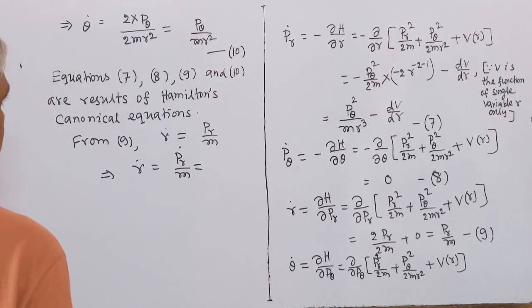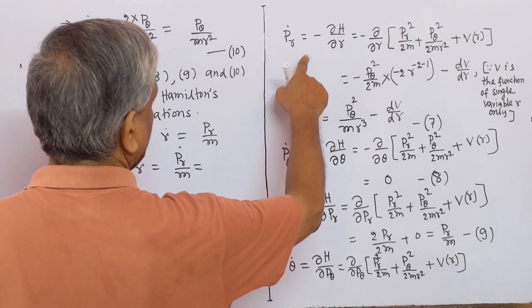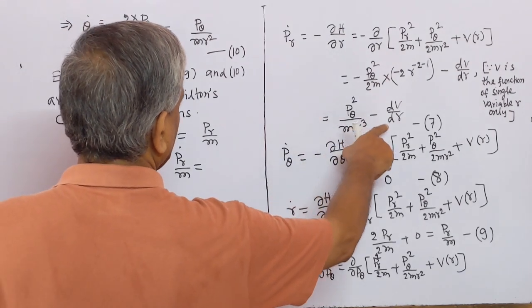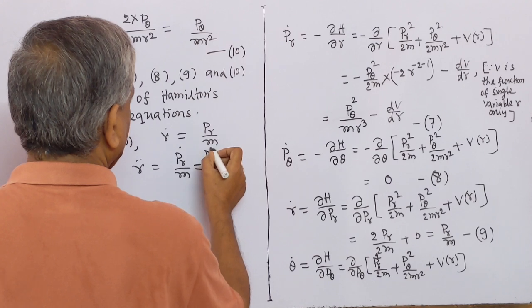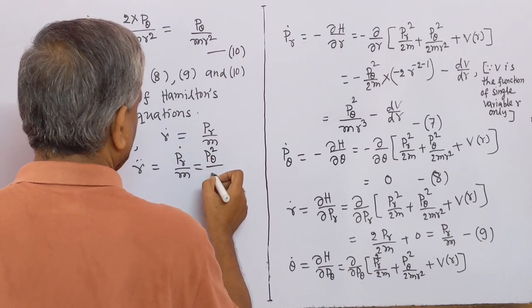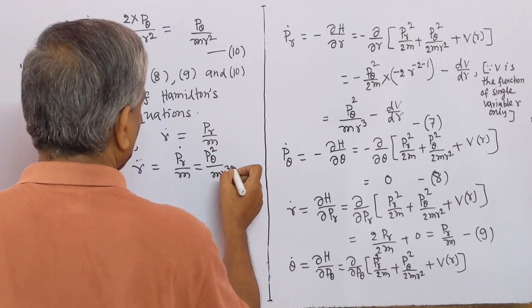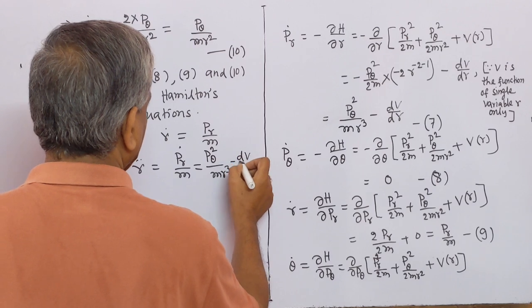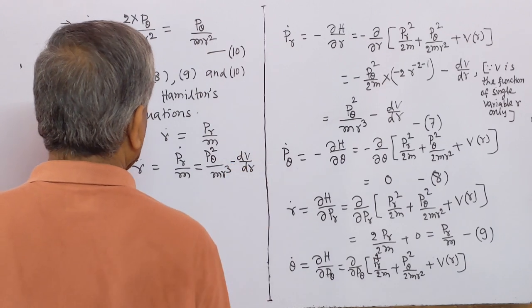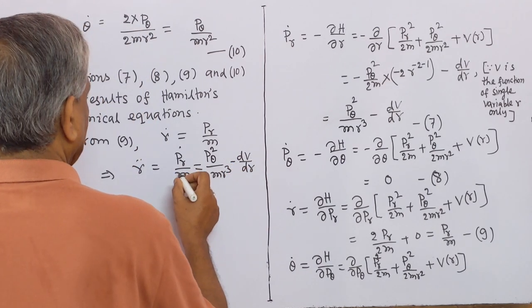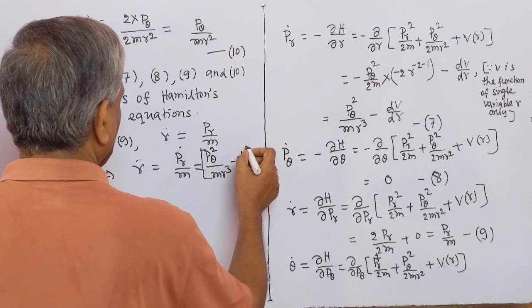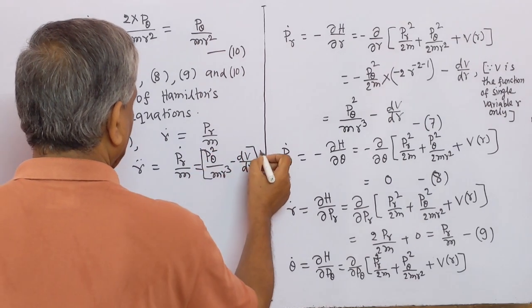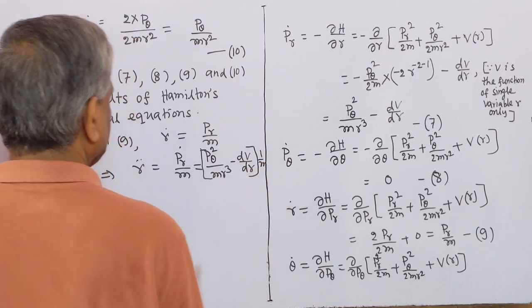Here Pr dot is P theta square by m r cube minus dV by dr. This is Pr dot, and we have 1 by m.